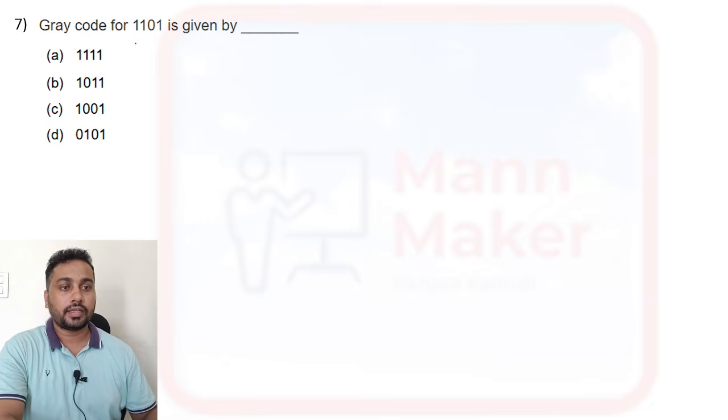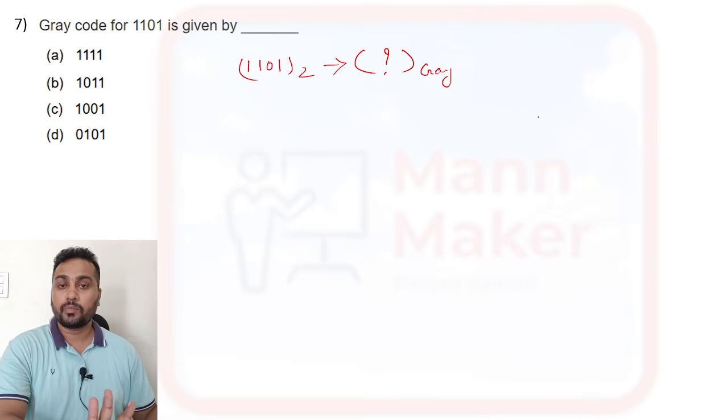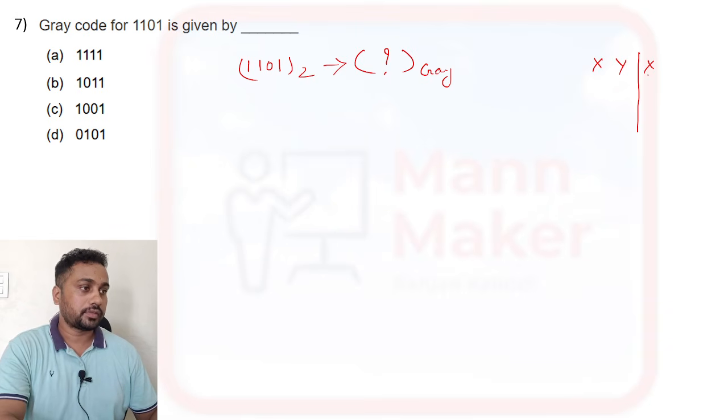All right. Gray code for 1101 is given by. So we have the binary number 1101, and they are asking to convert this into gray form. For binary to gray or gray to binary conversion, you need to remember the truth table of the XOR operation: 00, 01, 10, 11.